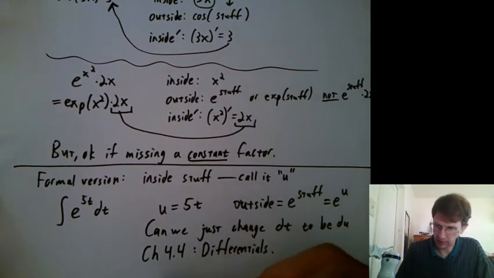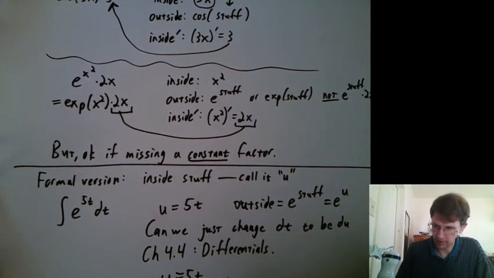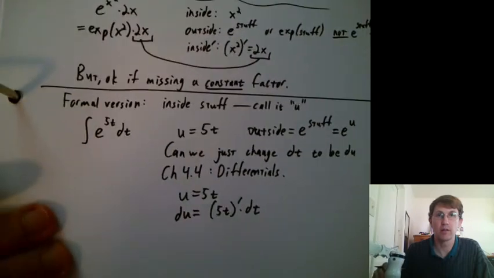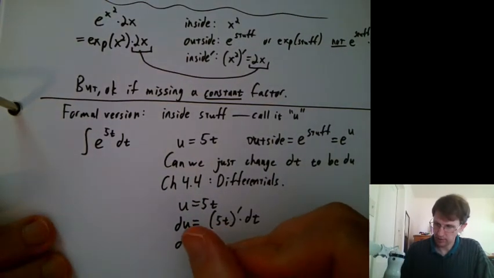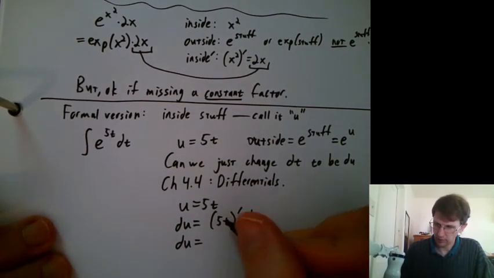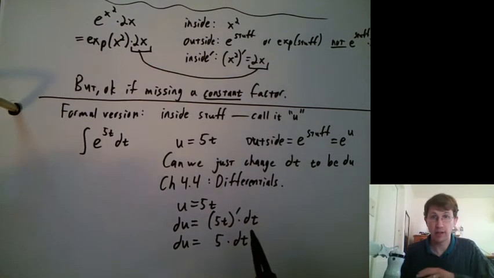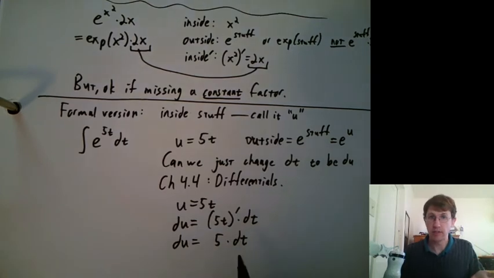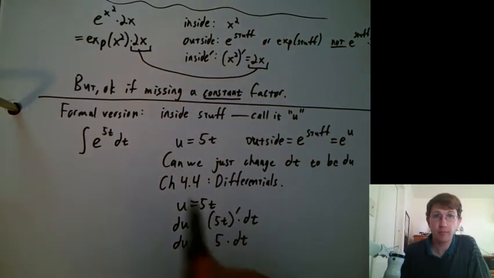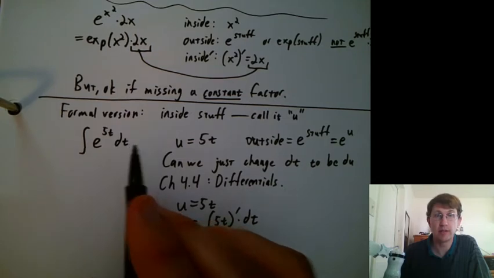In that chapter, we said if u equals 5t, then du equals 5t prime times dt. So du equals the derivative of 5t, which is just 5, times dt. So I can't just say du and dt are the same thing. They're different by a factor of 5.